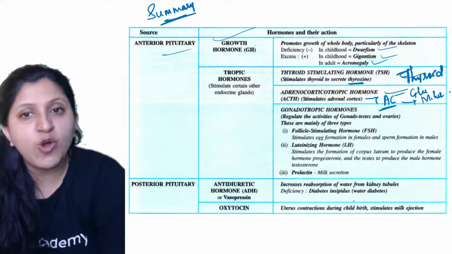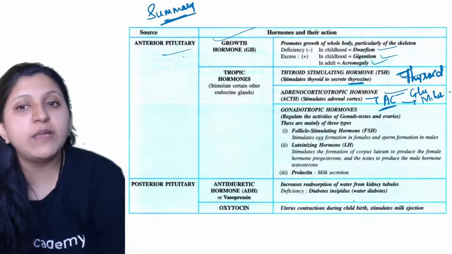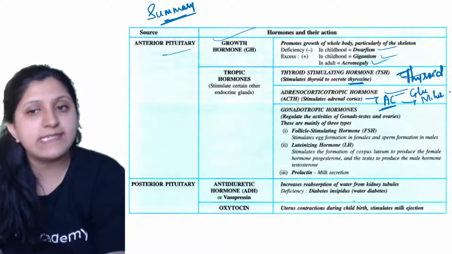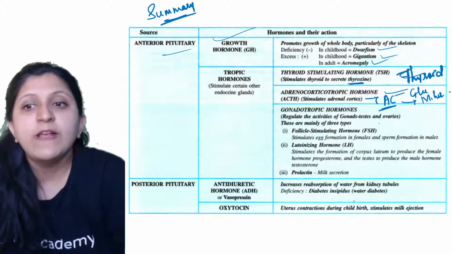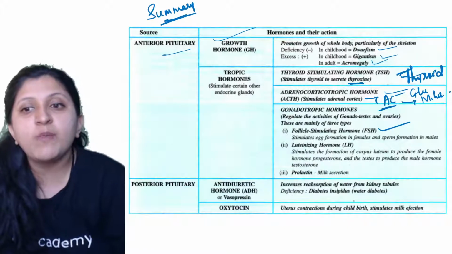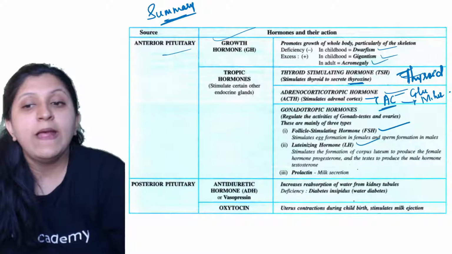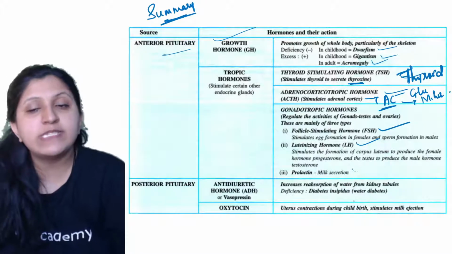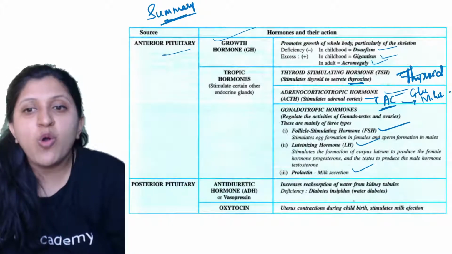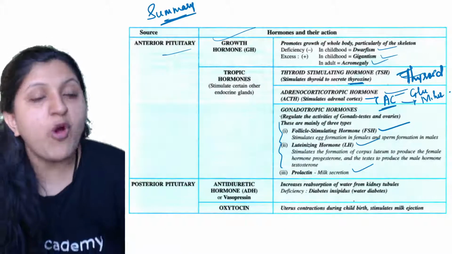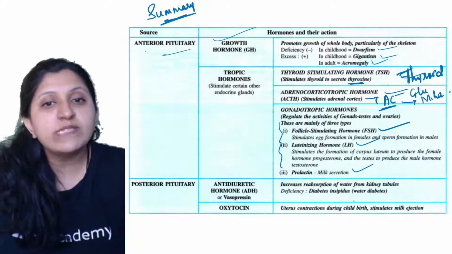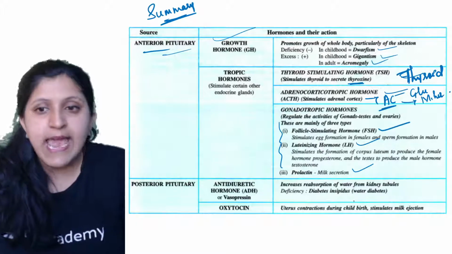That is mainly because the anterior pituitary is releasing ACTH hormone. In the same way, the gonadotropic hormones, follicle stimulating hormone, luteinizing hormone, and prolactin, which is for milk secretion. All these three hormones perform their function because the anterior pituitary has acted on them.